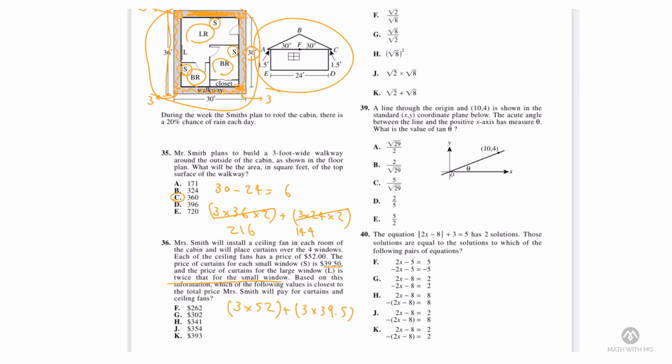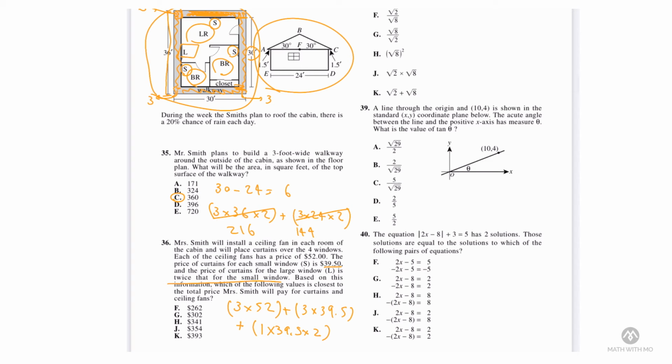Then they have 1 large window, plus 1 large window, which is 39.5 times 2 because it's twice the small window.